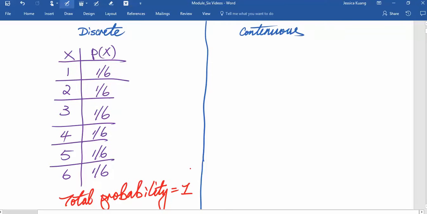Notice in discrete random variable, the probability of getting a particular value is defined in the table. And for a value that is not defined in the table, for example, a probability of x equals 1.5 should be 0, because x is only defined at those 6 possible values.